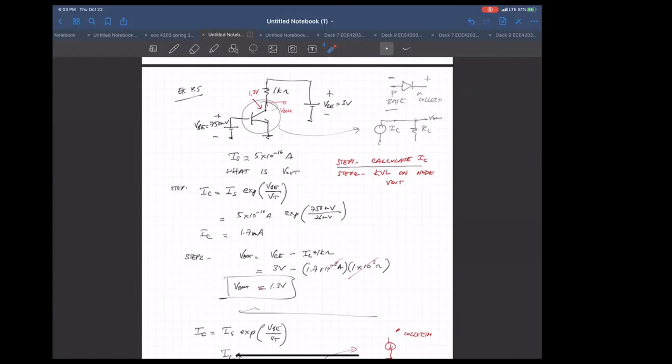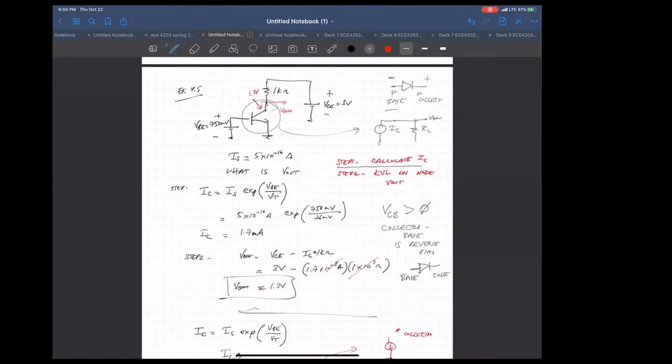Say it one more time. So as long as the voltage between collector and base is greater than 0, the collector base junction is reverse biased. For a moment, you can think of it as a diode with the P side being the base and the N side being the collector.